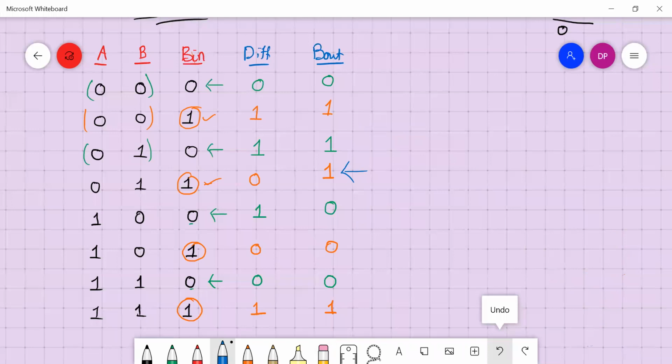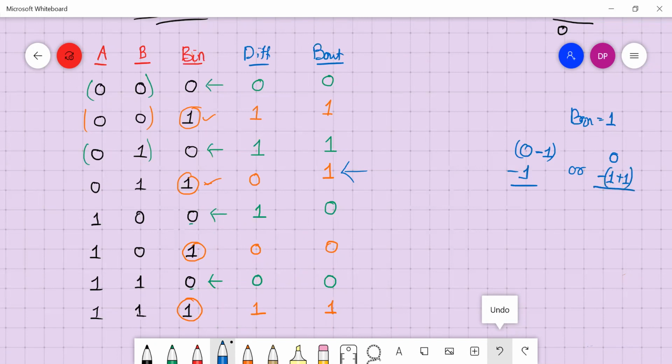You have to make the subtraction when previous borrow is there. 0 minus 1. Previous borrow is there. If previous borrow is there, either you subtract 1 from this and do the subtraction, or you add 1 over here, and do the subtraction.